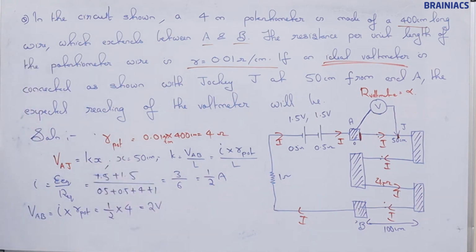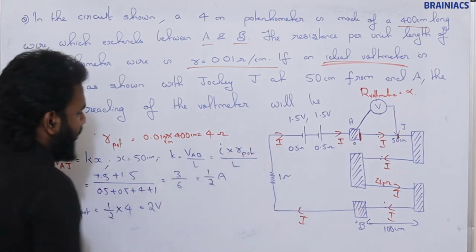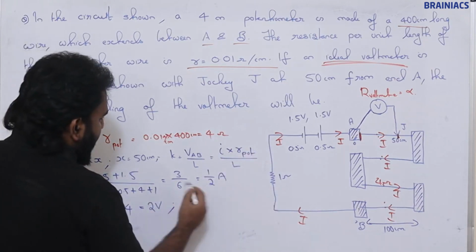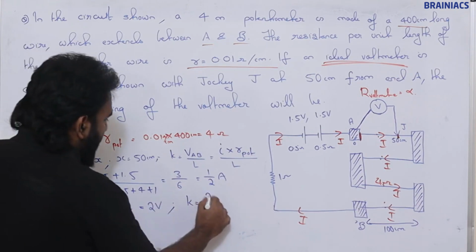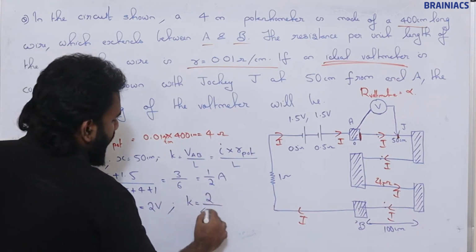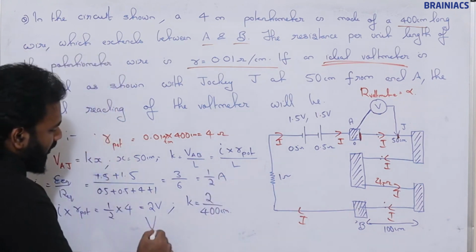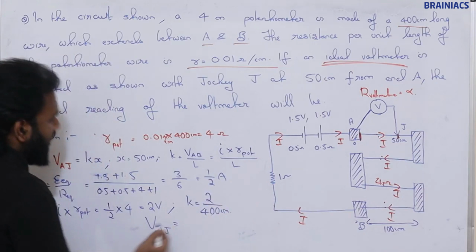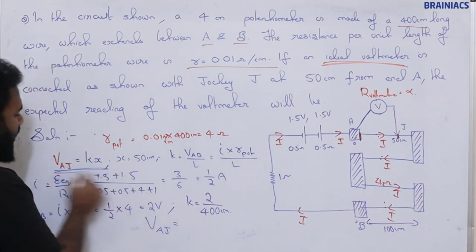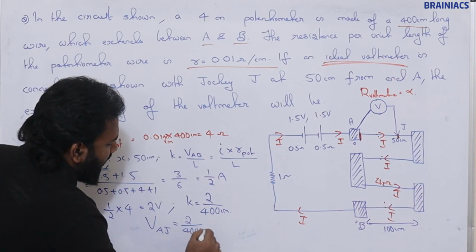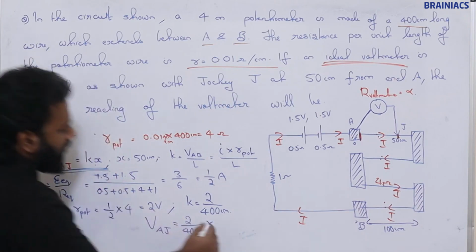This is the potential across A and B. Right, so potential gradient K is equal to VAB, 2, divided by length, 400 centimeter. So voltage across AJ is equal to K into X, 2 by 400 centimeter into X, which is 50 centimeter.